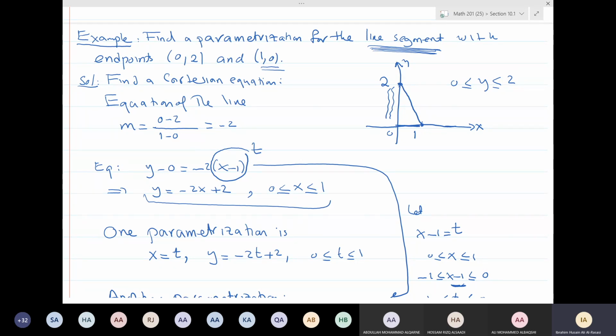Sometimes it is easier to work with parametric equations. It is a matter of preference, but this is another way of describing a curve that makes it easy to work with curves.